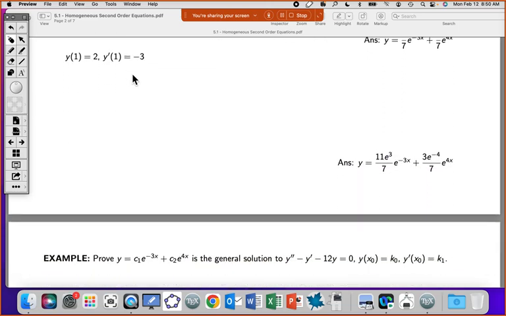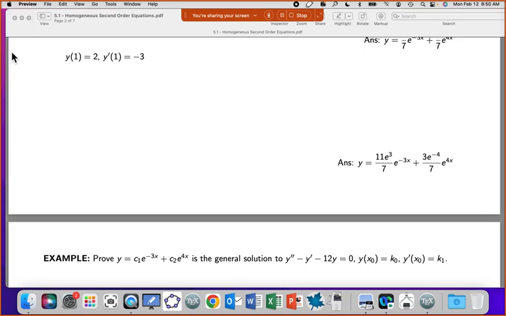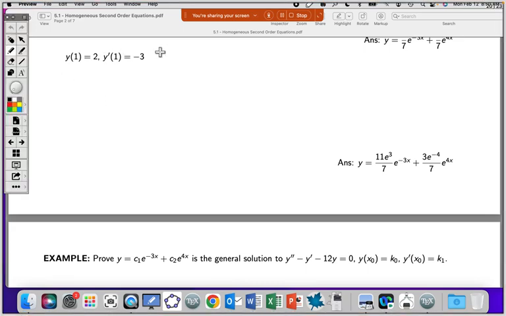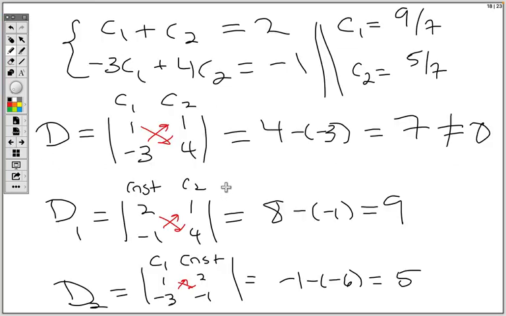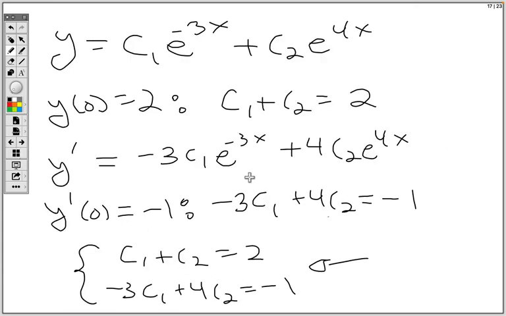Now, I'll leave this one for you to do, but let's just talk about what's different. Here, y at 1 is 2. y prime at 1 is negative 3. So what would be different in our solution methodology? Instead of plugging in 0, we'd be plugging in what?